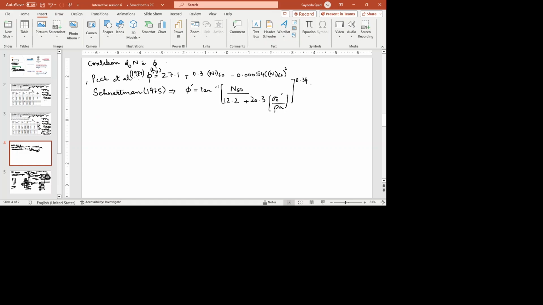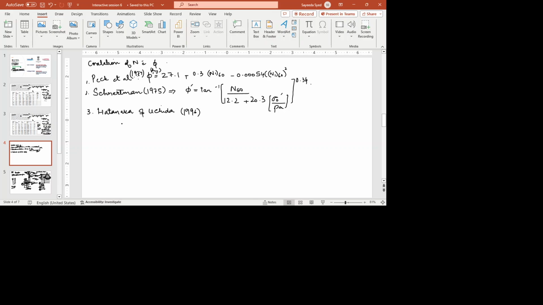There is another equation that is given by Hatanaka and Uchida (1996).